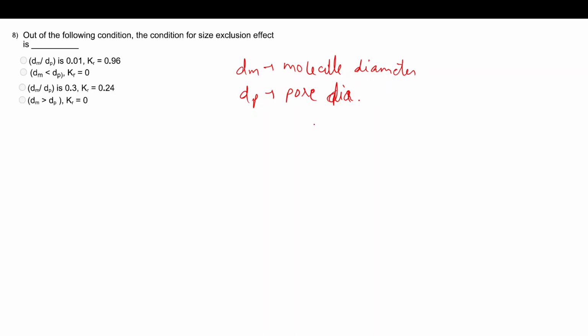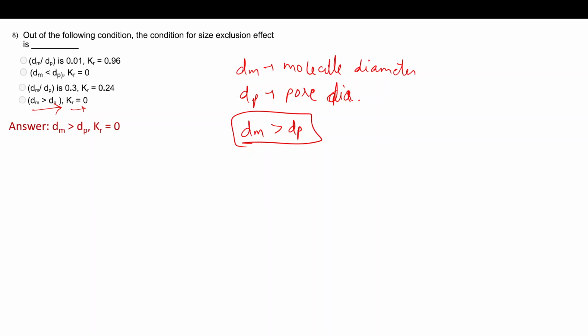If you want the size exclusion to occur, then Dm should be greater than Dp, right? So this should be the answer. And Kr is the constant, which should be 0 in that case. So Dm should be greater than Dp and Kr should be 0.